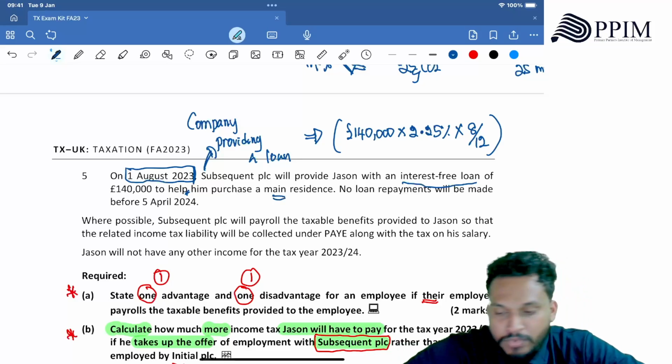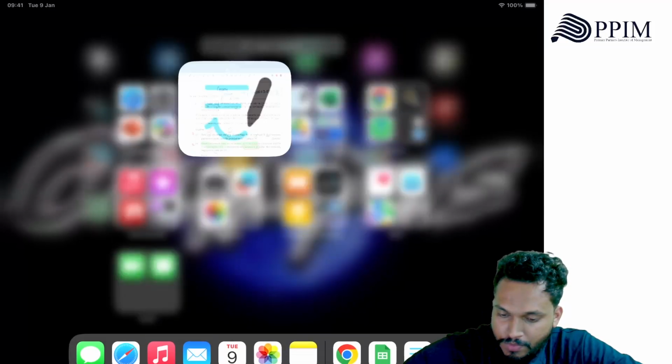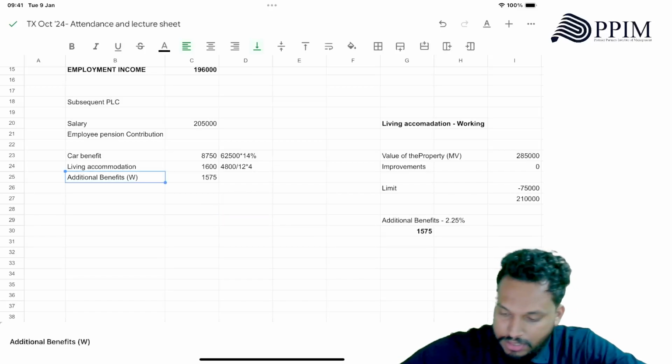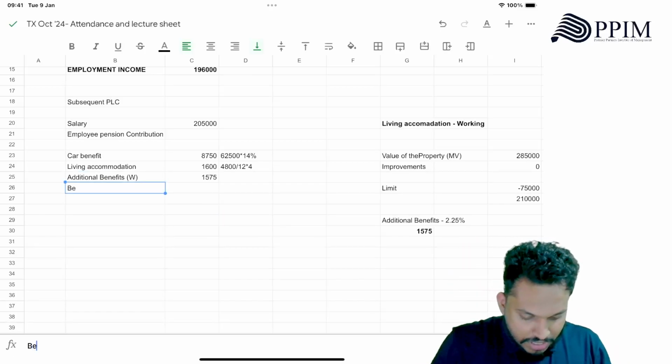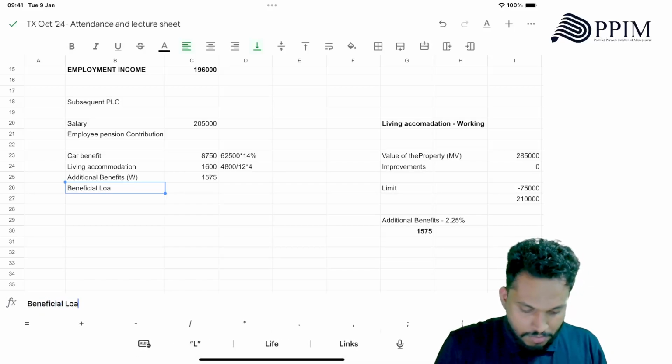So technically, a beneficial loan, we call it. He is receiving a beneficial loan.